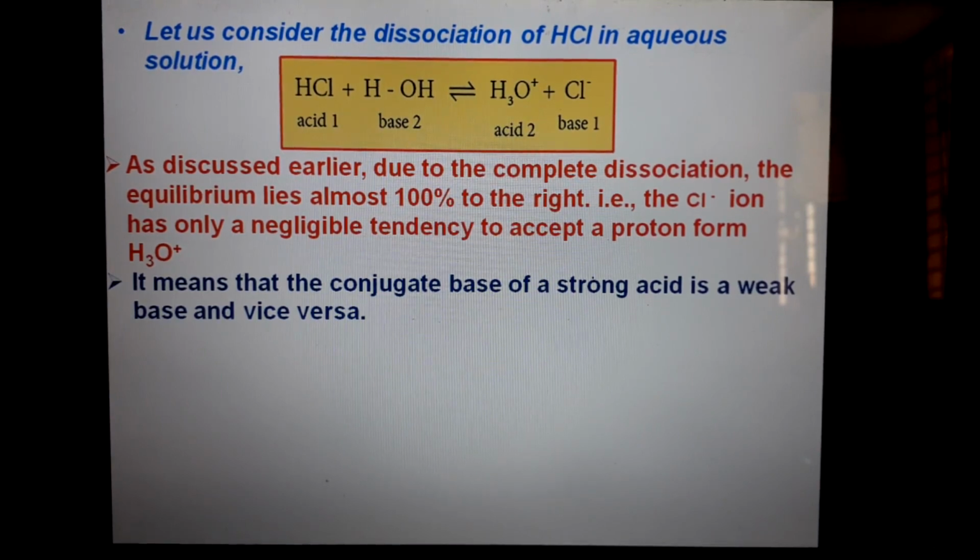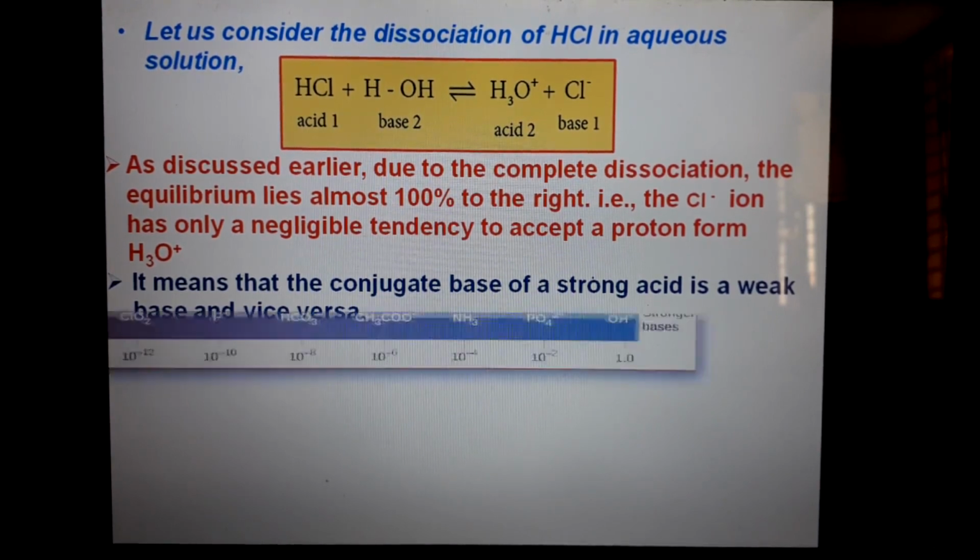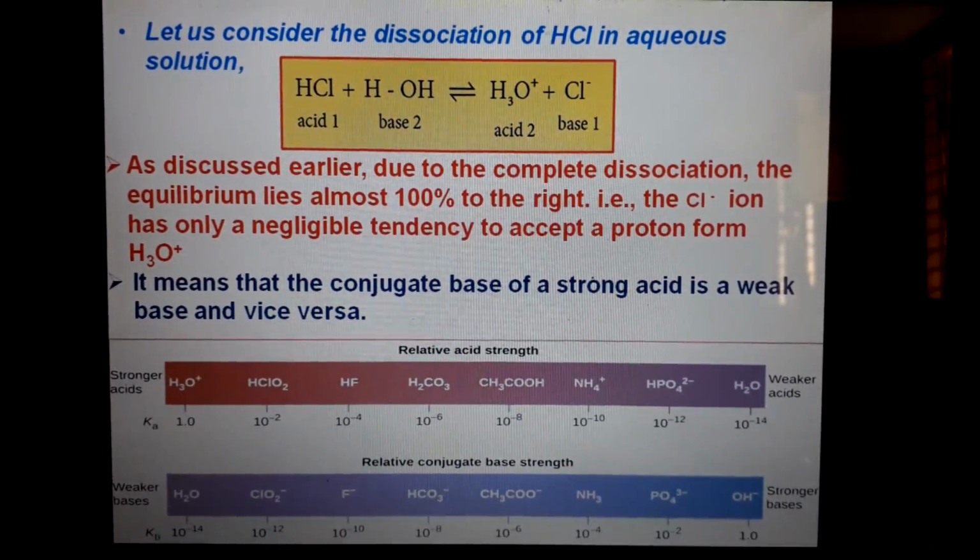This is the concept. Next, we give the chart of relative acid strength, from strong acid to weaker acid. We give the topic in a diagram.